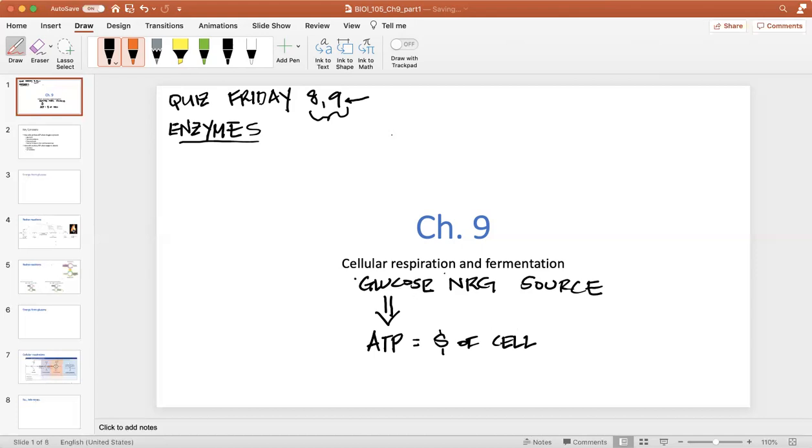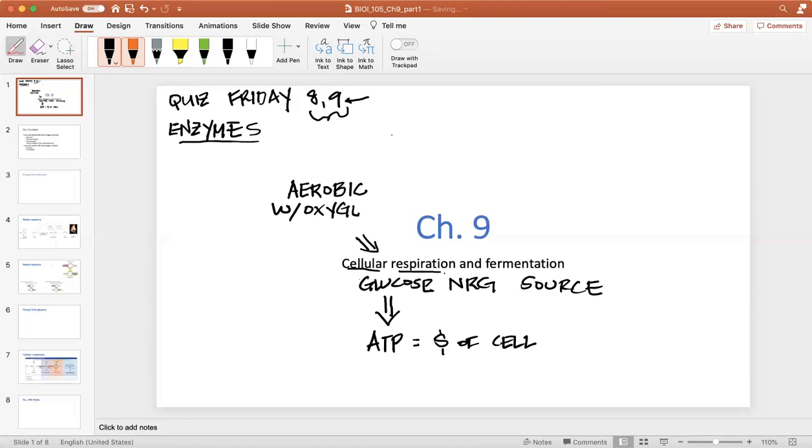Now, in thinking about how we can go from glucose to ATP, we have two options. This first one here, cellular respiration, is also known as aerobic respiration. And what aerobic means is in the presence of oxygen.